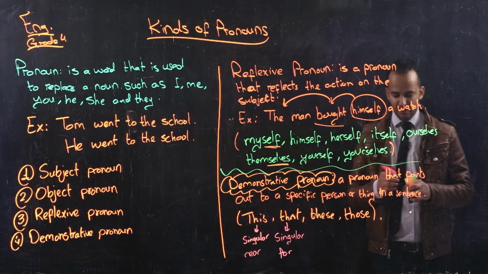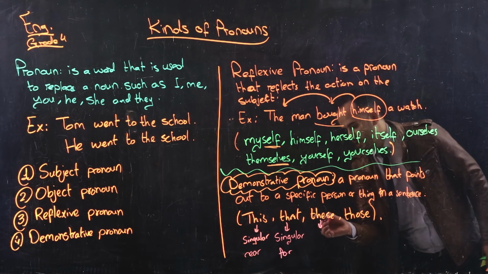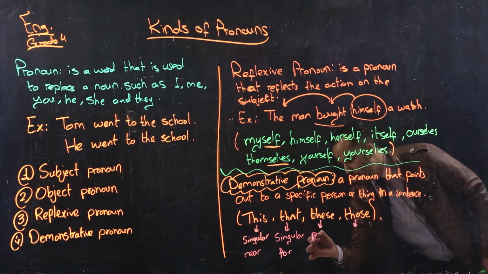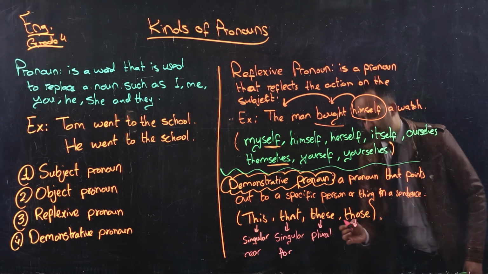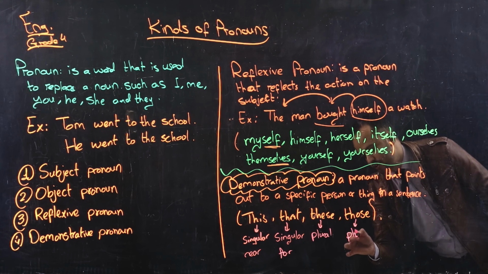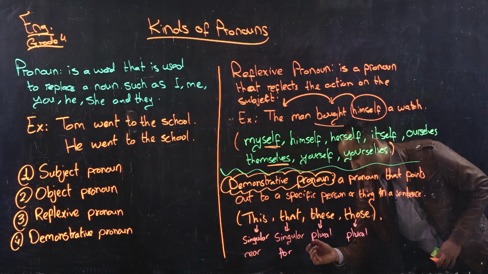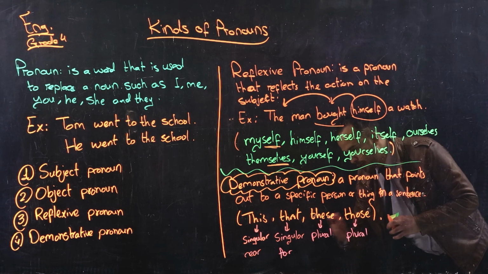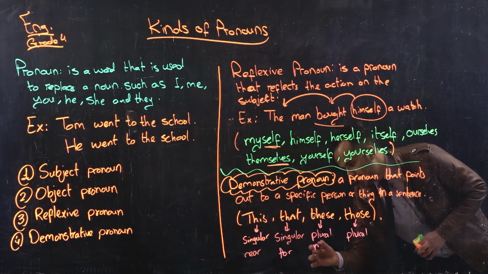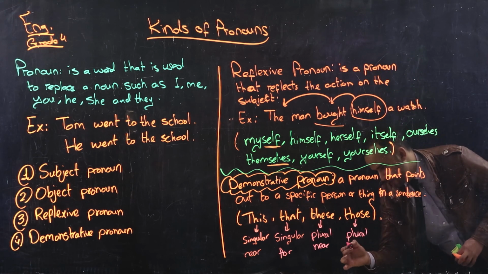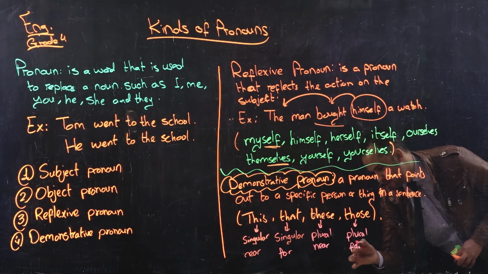Now, what about these and those? These and those are both used to point out plural objects. But these is used when you talk about plural objects or a group of things that are near to you, while those is used with far away objects.